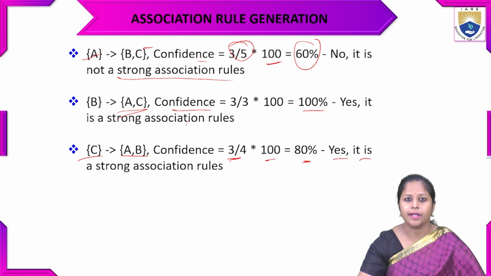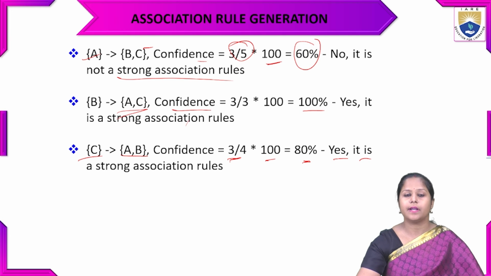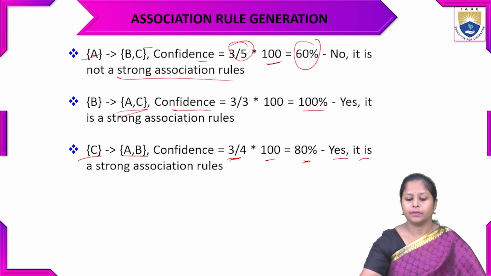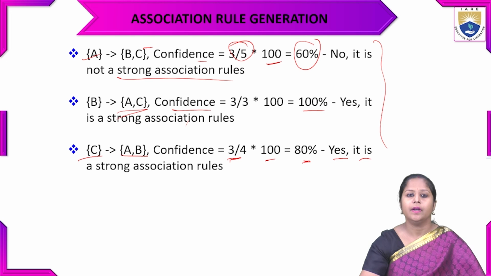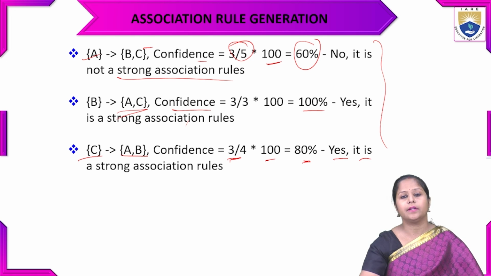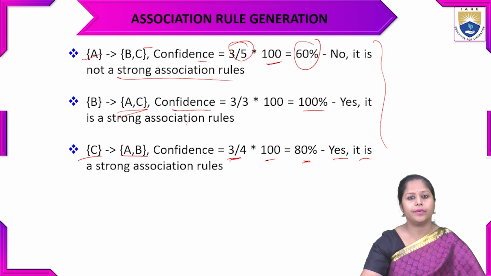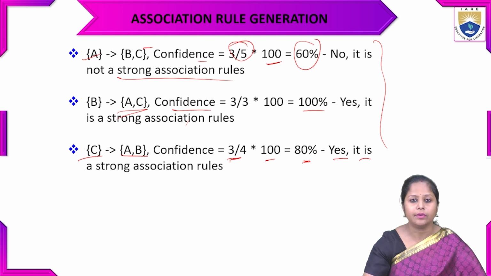So that was all about association rules: how to generate them, the history of association rules, the important definitions and formulas, and how to take the minimum thresholds, the support measure, the confidence measure and the lift measure, but here we are taking support and confidence.